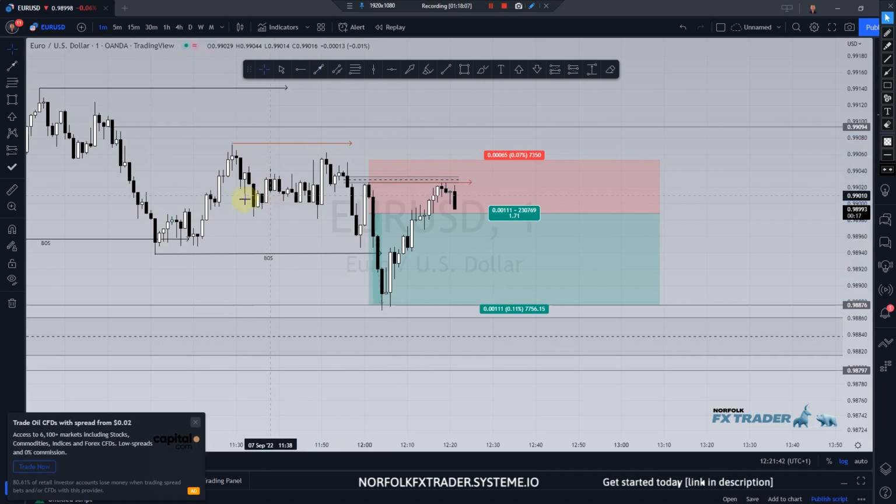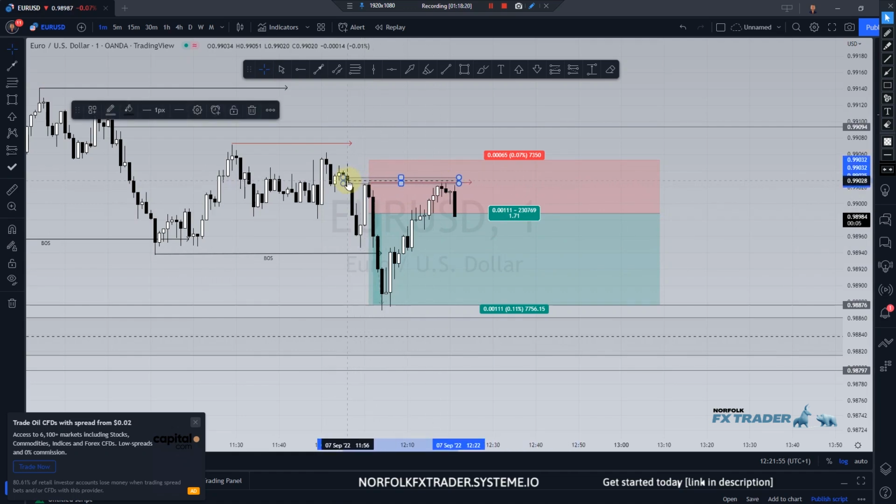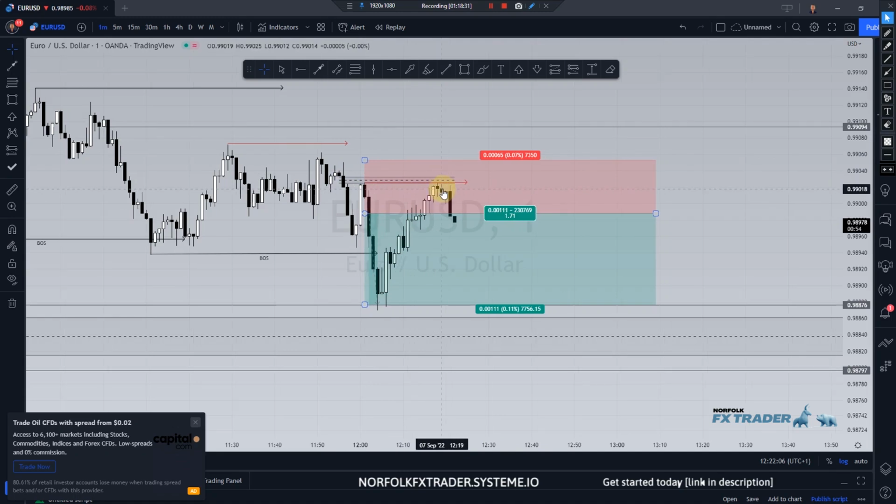And within that range, you can see price closed through this imbalance, closed through this imbalance. Now we could see price go and take the high into this imbalance. So the high here is, let's have a look, 99026. The high here is 99025. What's that candle? 99025.